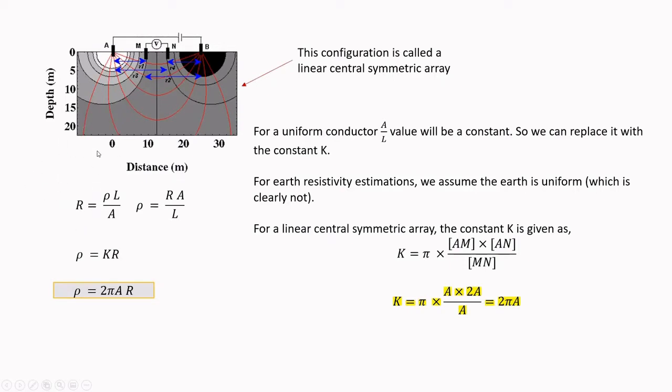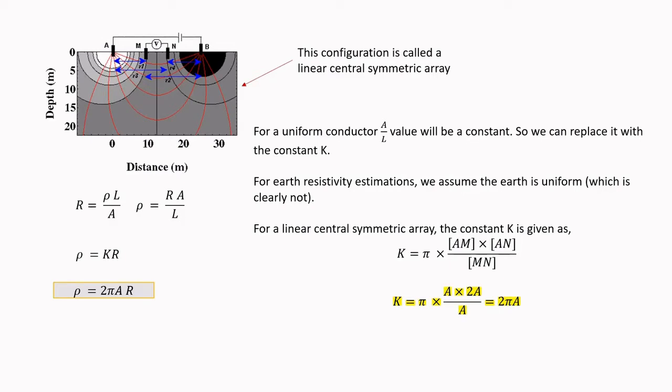In your A-level knowledge, you know R is equal to rho L over A. R is resistance, rho is resistivity, L is the length, A is the area. Using the equation, you can take rho as R A over L. If you consider a uniform conductor, the A over L value will be a constant. So we can replace that with the constant K.